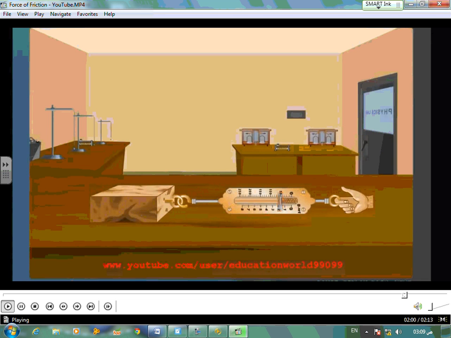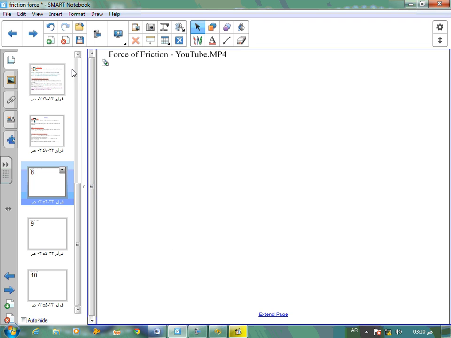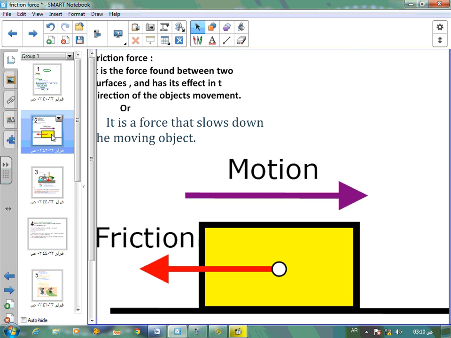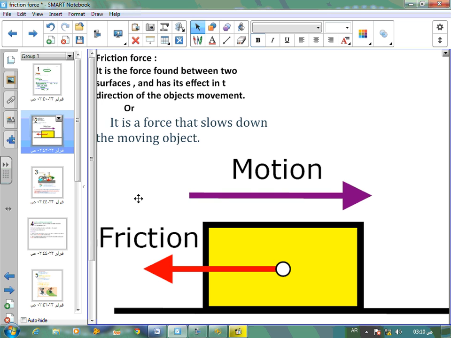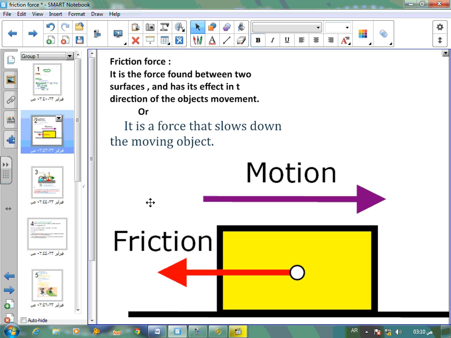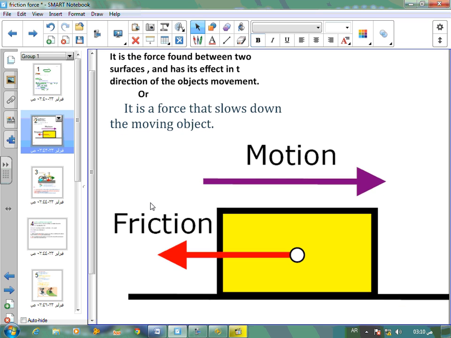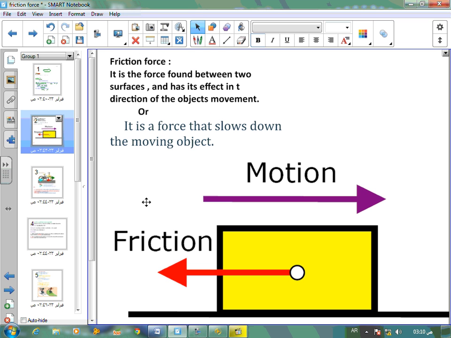And now we will describe the friction force, and we will make a small activity to know the concept of friction force. Try to throw a coin and a paper, and we will find that the coin reaches the Earth's surface easily.